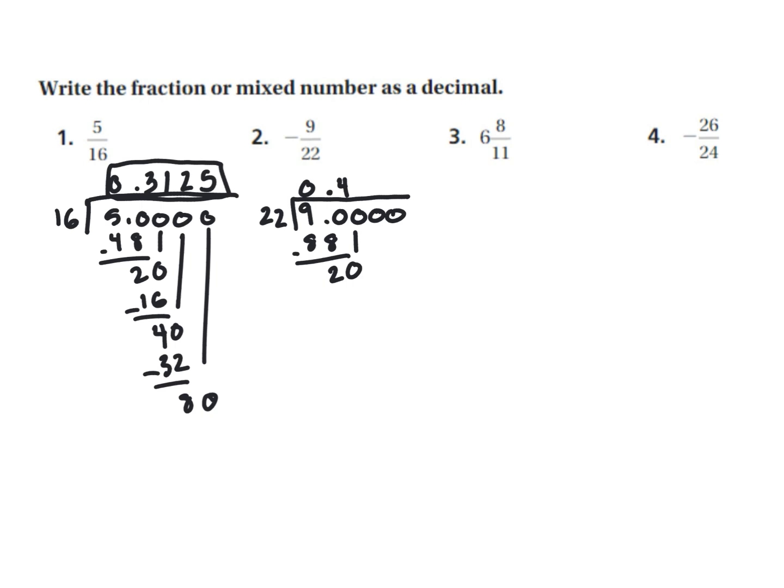22 does not go into 20. But 22 does go into 200 9 times. 9 times 22 is 198. Twenty-two doesn't go into 20.